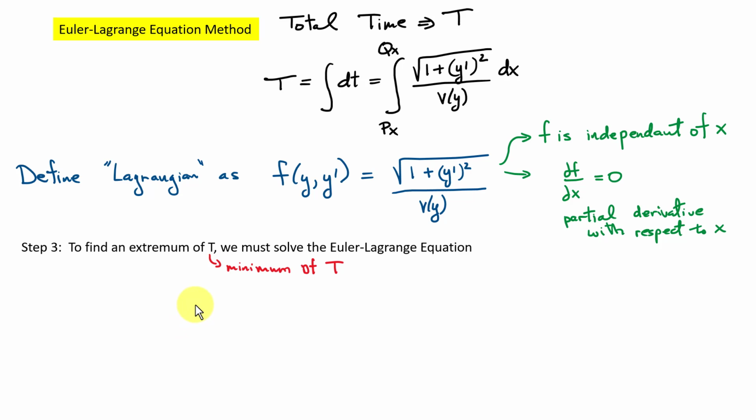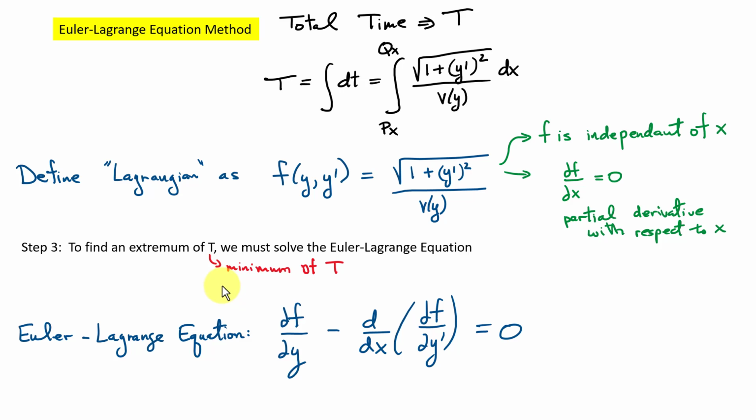The function f must satisfy this Euler-Lagrange equation, which says the partial of f with respect to y minus d dx of the partial of f with respect to y prime equals 0.